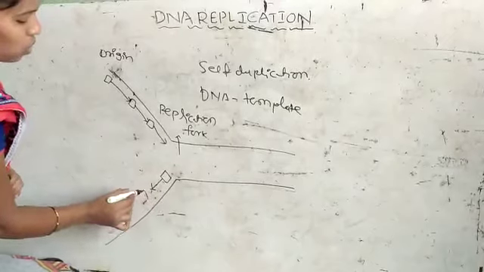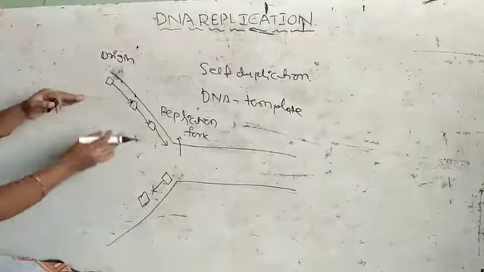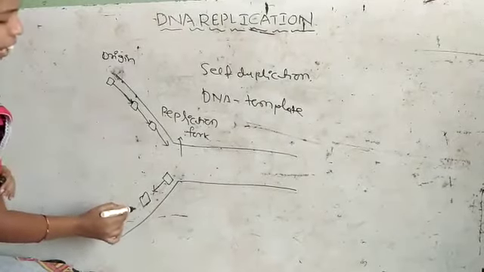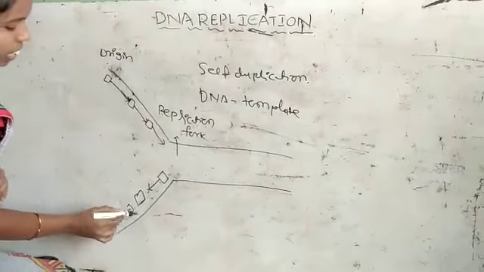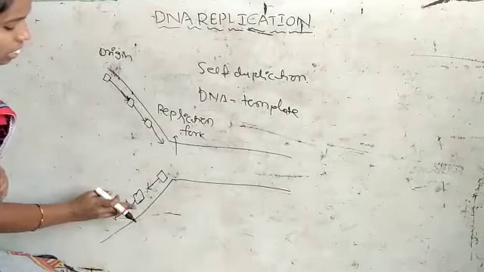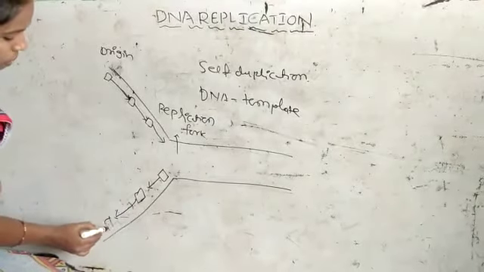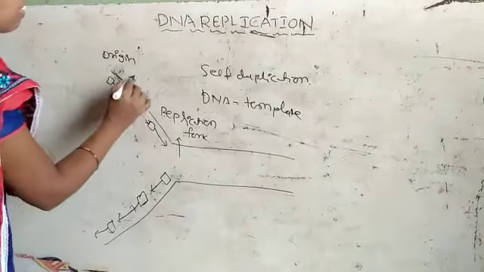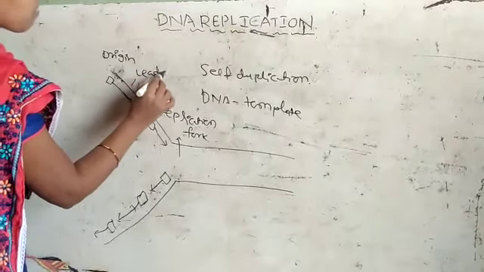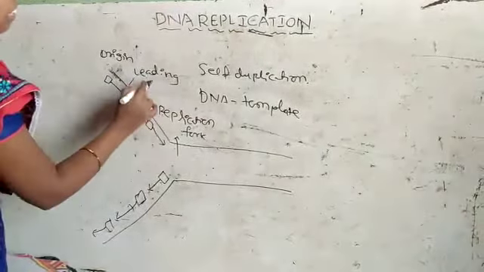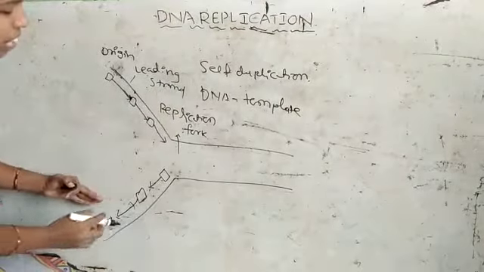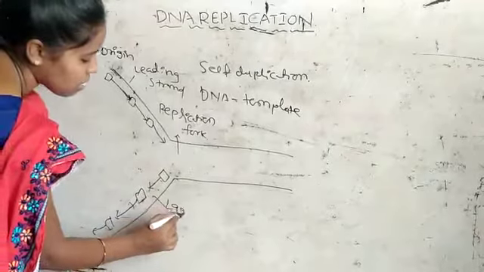In the replication fork, one strand is extended continuously and another strand is extended discontinuously. The continuously extended strand is called the leading strand, and the discontinuously synthesized strand is called the lagging strand.